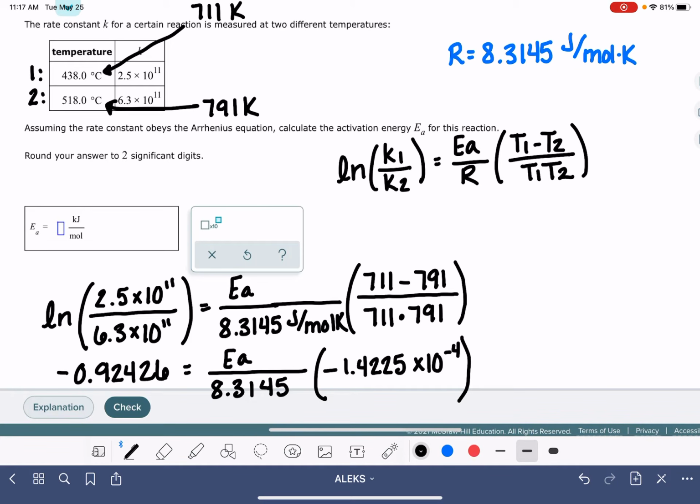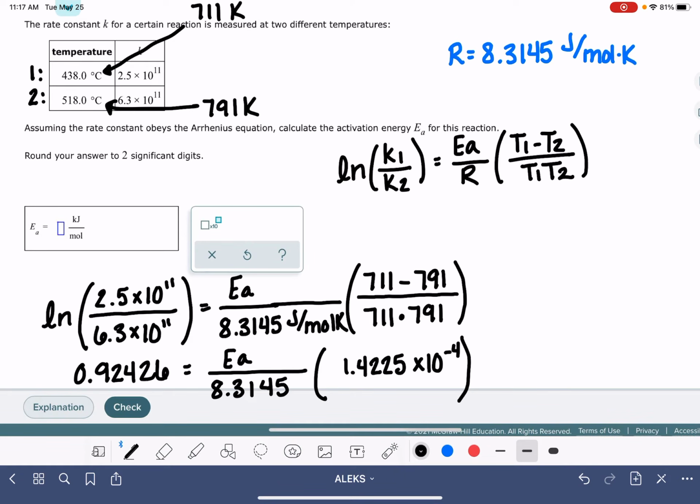I think that what I'm going to do next is just get rid of the negative signs because I've got negative on both sides, so I can just cancel those out. And all that we're doing here now is algebra, so I think my next step is going to be to divide both sides by this 1.4225 times 10 to the minus 4. So 0.92426 divided by 1.4225 times 10 to the minus 4.